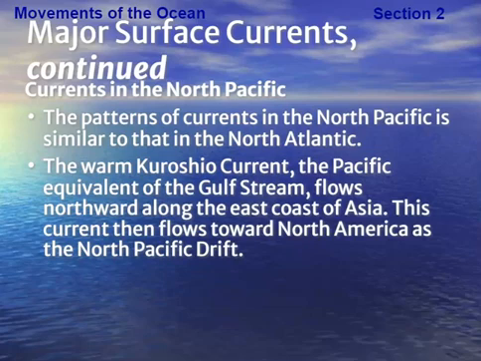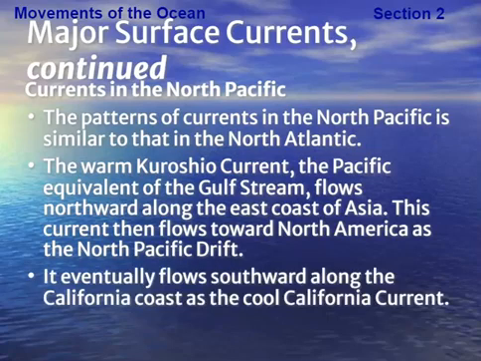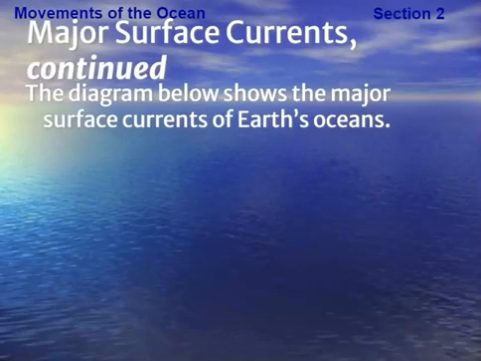Now you've got this warmed water that's heading towards the east, over towards Alaska and northern California or Washington State and Oregon. It eventually flows southward along California as the California current, and now it's lost all of its energy, and it's moving colder water from Alaska downward. So the California current is a cool current.